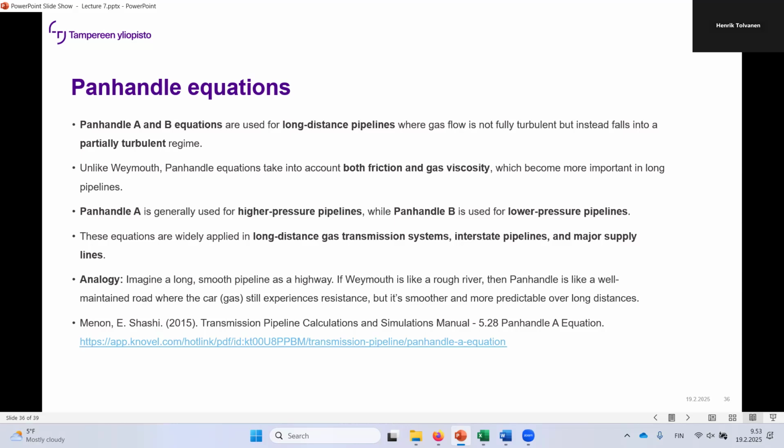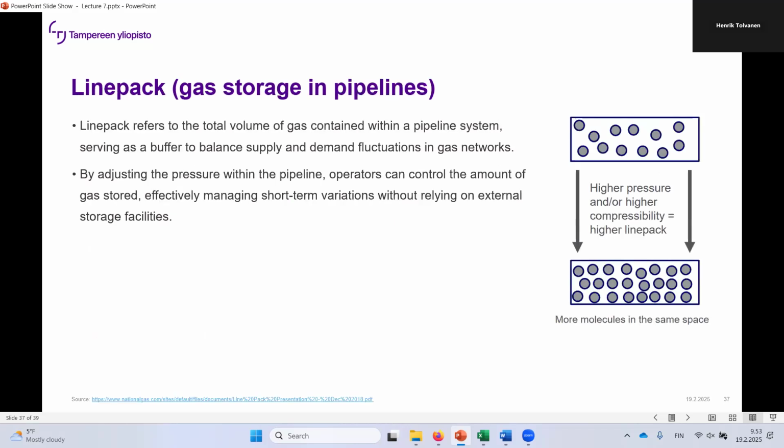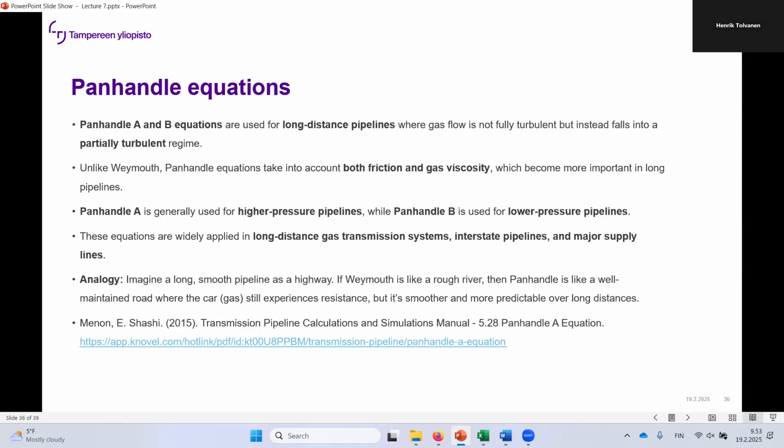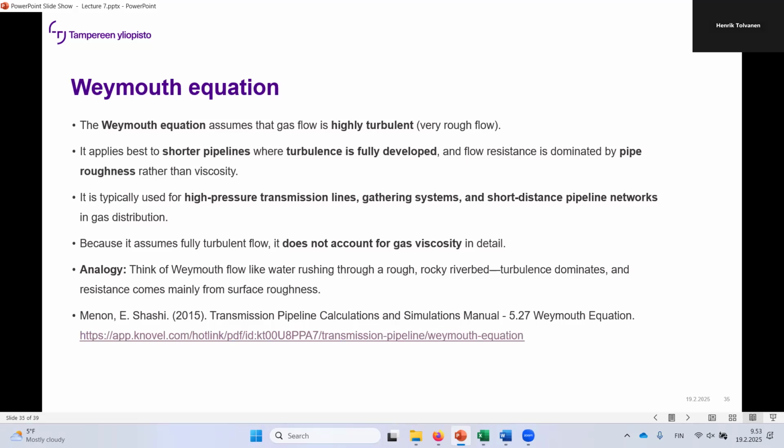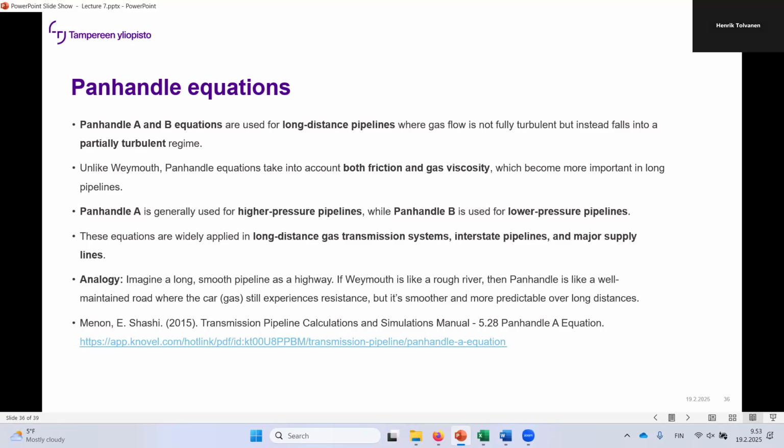Well, a car still experiences resistance, but you calculate it over much longer distances. So you have to be aware that there's a simplification with Weymouth and Panhandle compared to the Bernoulli-derived Darcy-Weisbach equation.